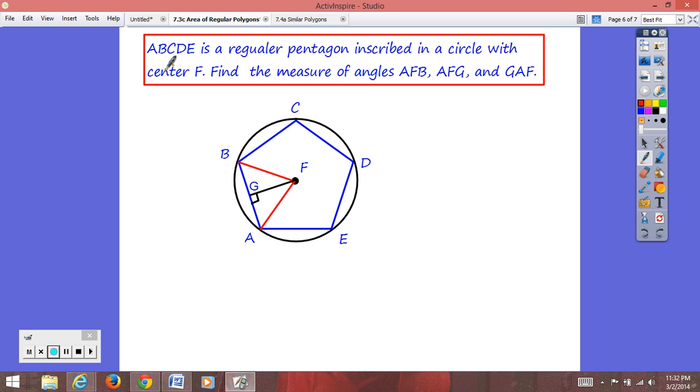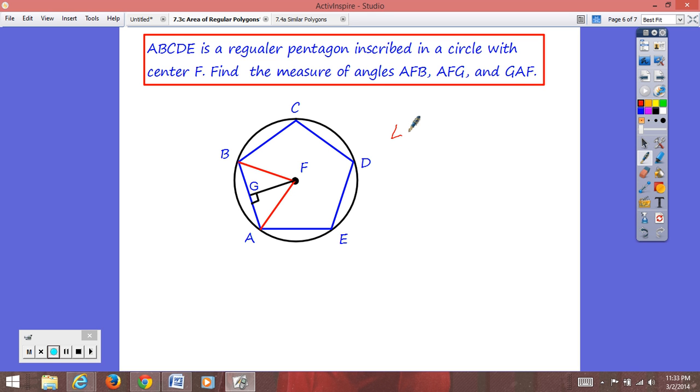Okay, another example. ABCDE is a regular pentagon inscribed in a circle with a center at F. We want to find the measures of angles AFB, AFG, and GAF. To find the measure of angle AFB, that is a central angle. To find that, we simply take 360 divided by the number of sides.